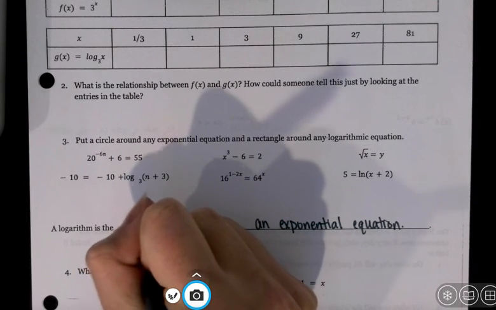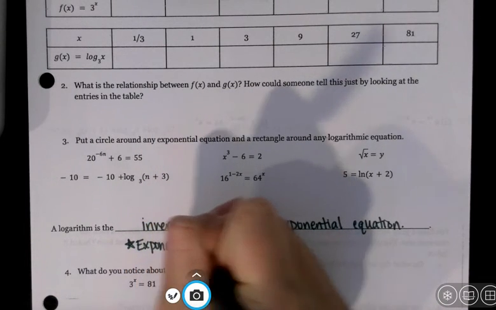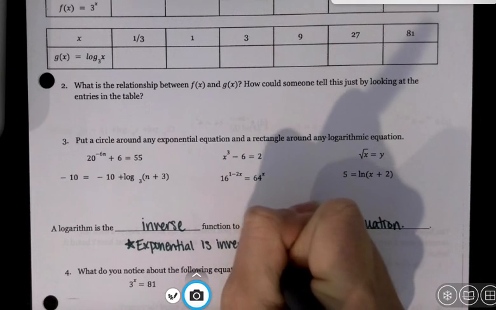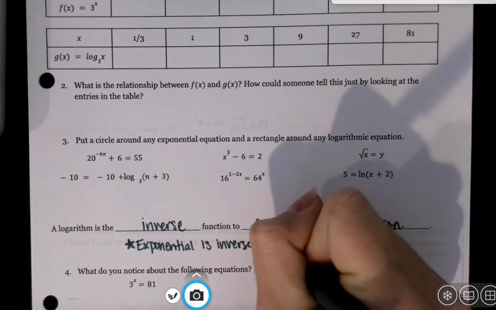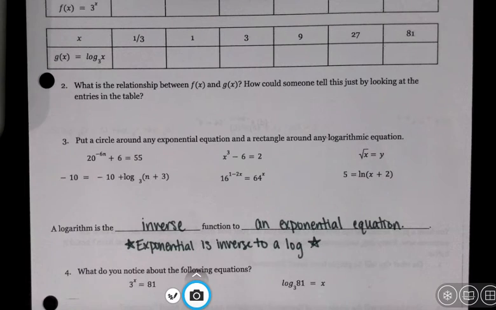So I'm going to add that at the bottom here. And that's the only thing from the front that we're going to talk about in the video, and then we'll go through some examples together.